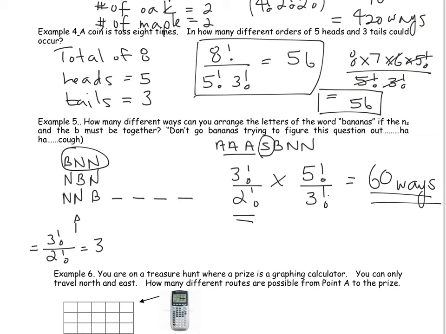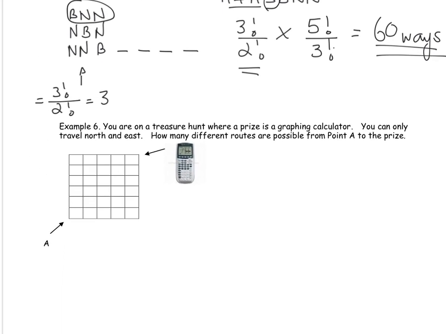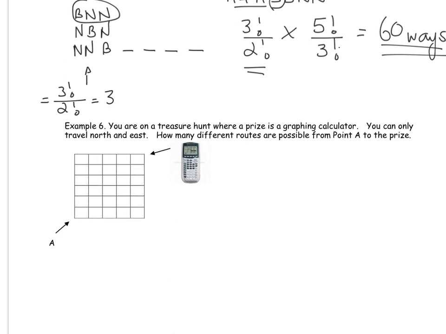And so this last example that we have at the bottom, you can think of this as, we consider permutations of 11 letters. What this is saying is you're on a treasure hunt where the prize is a graphing calculator. You can only travel north and east. So when we think of this, we have 5 different ways that we can go east, and we can't tell the difference because east is east.